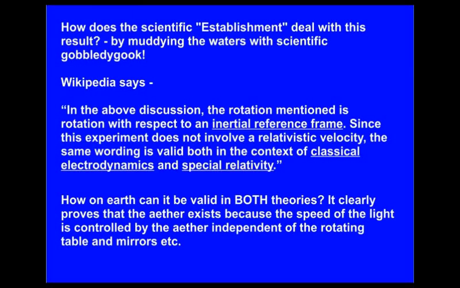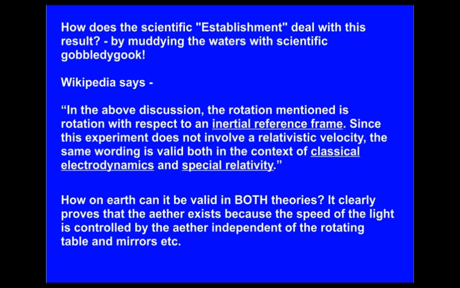How does the scientific establishment deal with this result? By muddying the waters with scientific gobbledygook. Wikipedia says, in the above discussion, the rotation mentioned is a rotation with respect to an inertial reference frame.